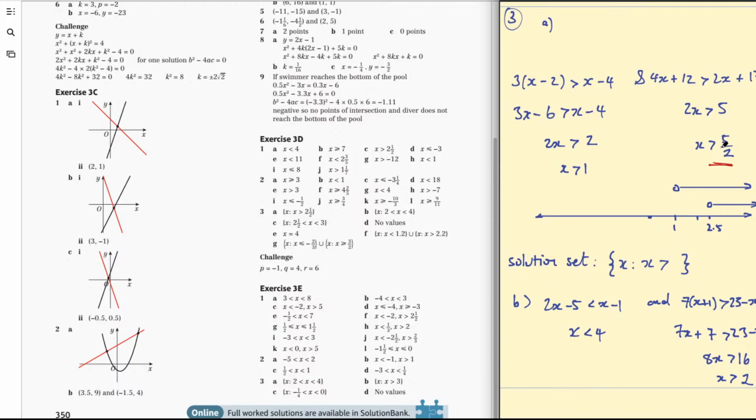Yeah, so clearly an error there. If x is greater than 2.5, that's going to be the solution set, right? It can't be less than 2.5. So x greater than 1 was clearly an error.